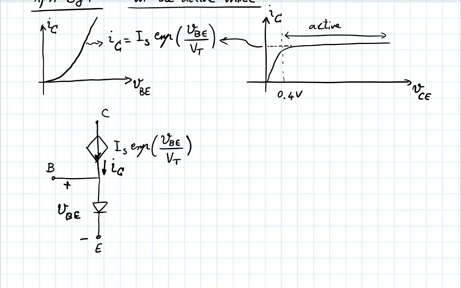So this thing that I showed you at the very beginning, the circuit that we used as an introduction to transistors, is in fact how you would model a BJT in simple ways in the active mode.